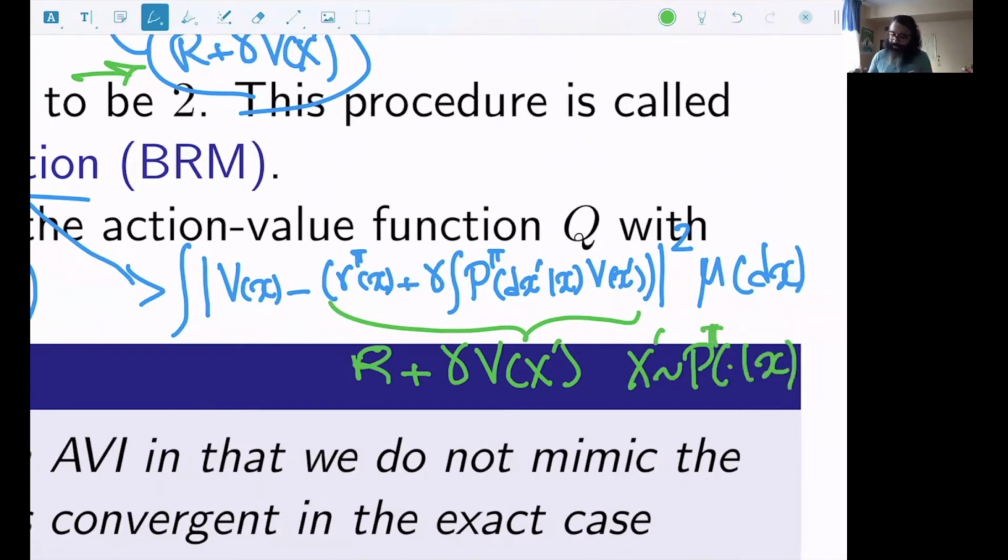So this x' is only for that particular x. If I change x, as I'm doing here through this integration, that would be a different x'.